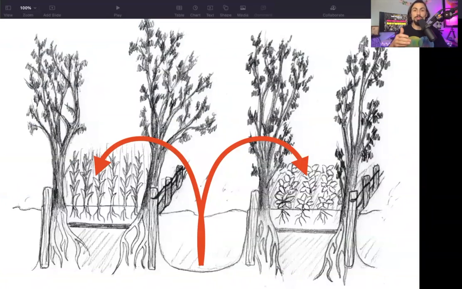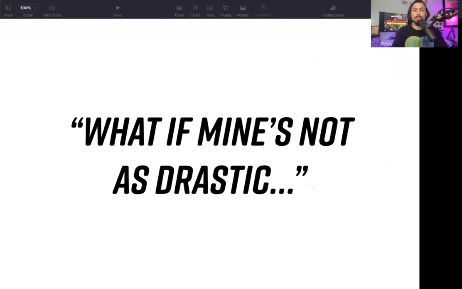So this whole going down to go up to get out of the water table is ubiquitous in plants and systems all over the world, because you got to have those plants not have wet feet. They got to be above the water table. So you go down to get up, go down to go up. And you're like, Matt, what if mine's not that drastic?